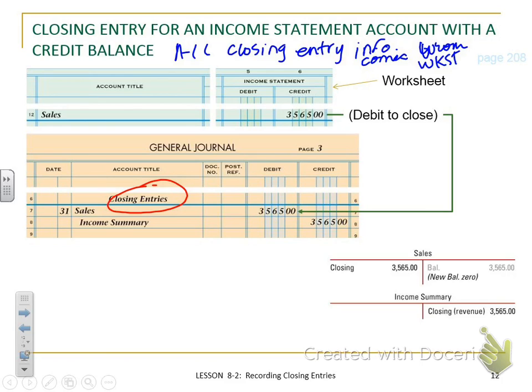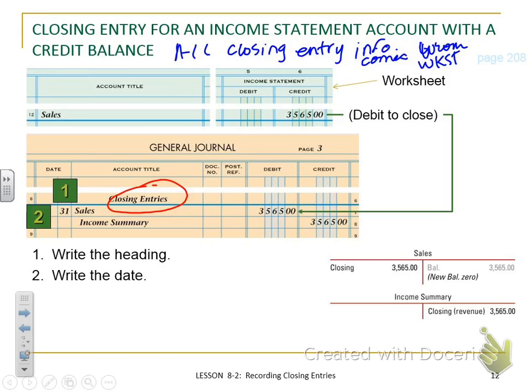Because why? I'm going to close it out. If I've got a credit balance, the only way I can close it out to zero is by debiting it by that same amount, correct? Okay, so then the offset to that, because we always have to have a debit with a credit, is going to be to credit your income summary account. So we're going to credit our income summary account for that same amount.